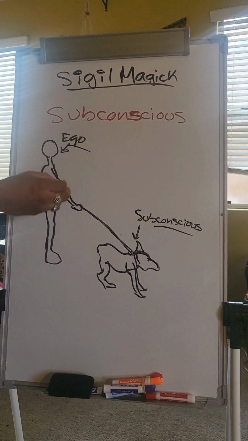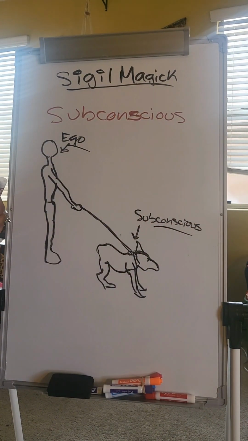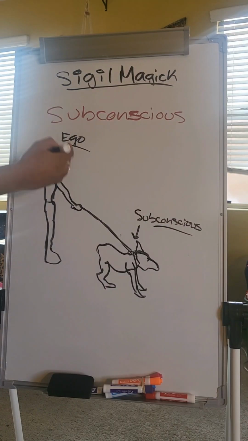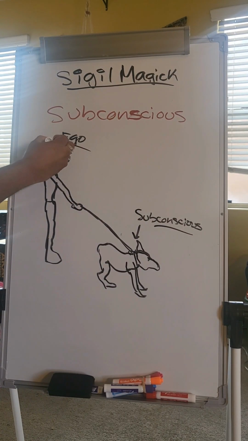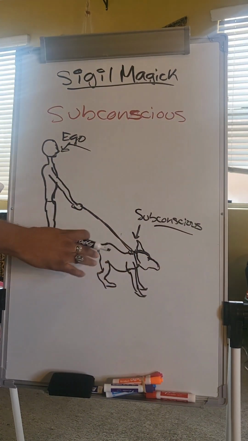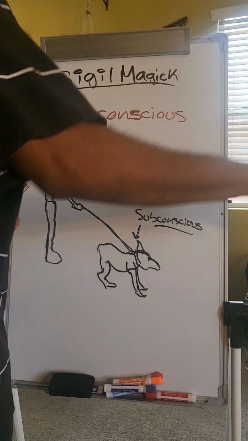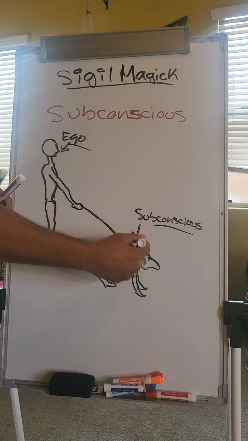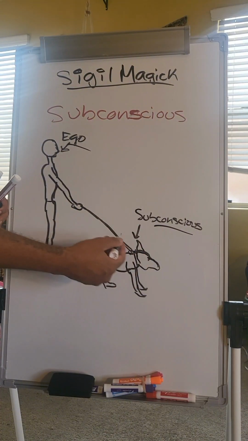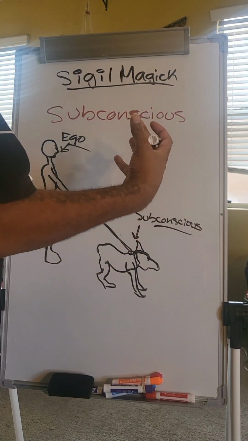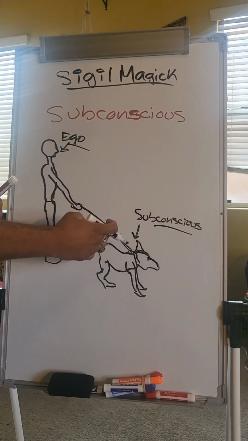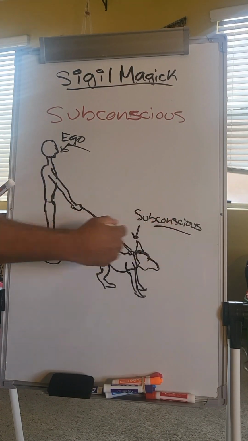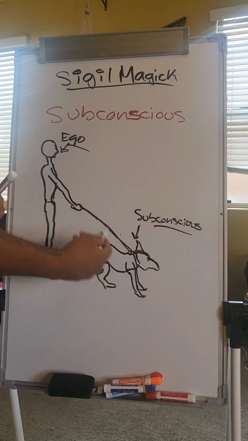Whenever you're programming something into your subconscious mind, you're the ego saying, okay, I want to put something into my mind that is going to help manifest. Your subconscious is a dog that goes out and says, okay, I'm going to go on this path to do this. It's accepting a command, like a dog can accept commands. And it starts programming things within your mind based off of what information is available within your subconscious mind to go out and consciously achieve the thing that you desire.